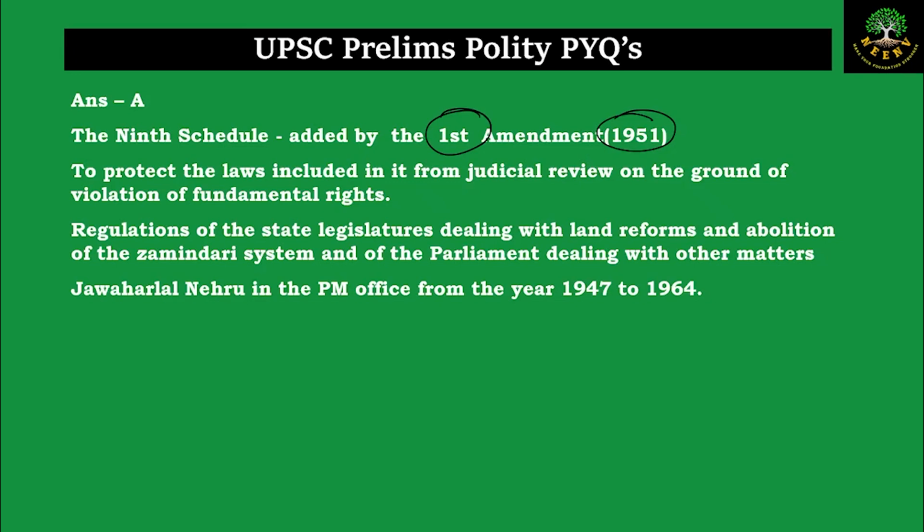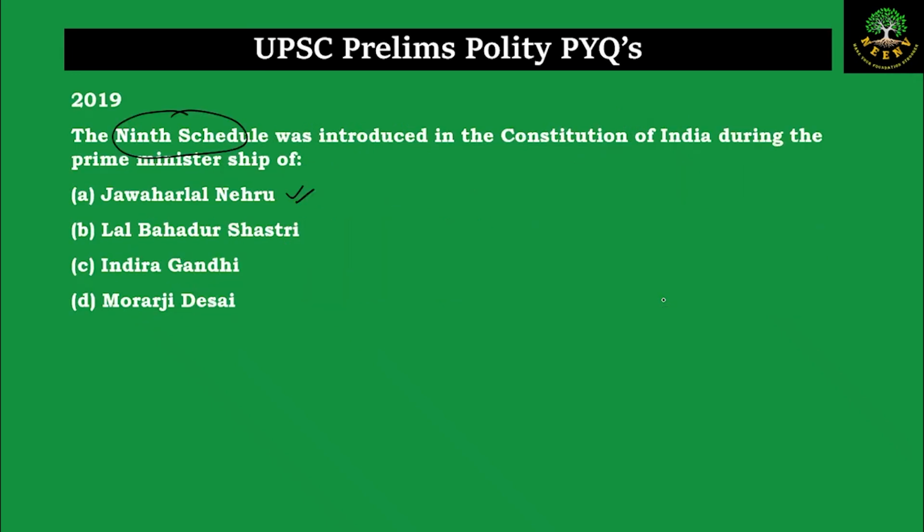Various regulations by the state legislature, especially dealing with land reforms and the abolition of the Zamindari system, and later on certain acts of Parliament dealing with other matters. And because it is 1951, the Prime Minister during that time was Jawaharlal Nehru. He was in office from 1947 to 1964. Hence, the answer is A for this particular question.